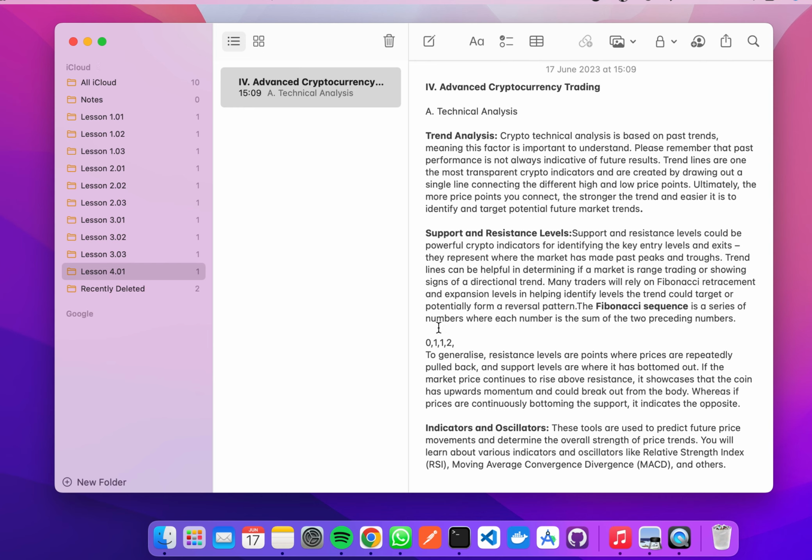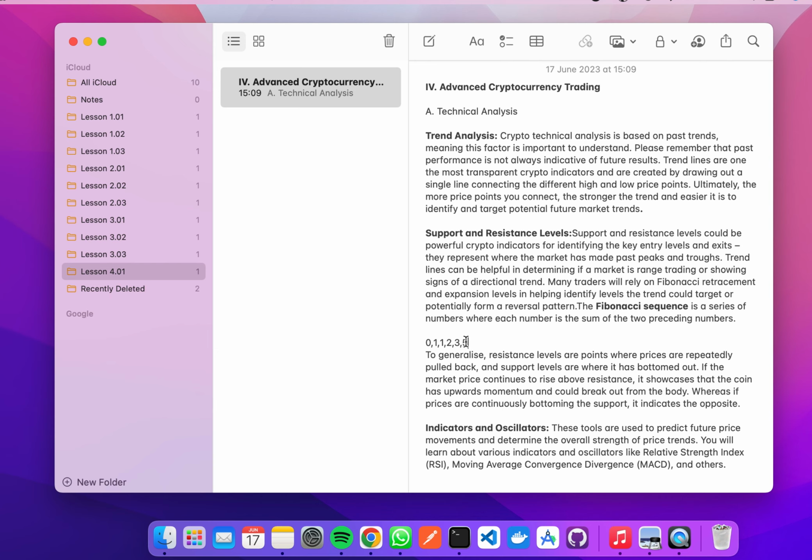And this is how it goes: 2 plus 1 is 3, 3 plus 2 is 5. This is how the Fibonacci sequence goes, and this is what many traders use to identify where the price or the direction of the market may go.